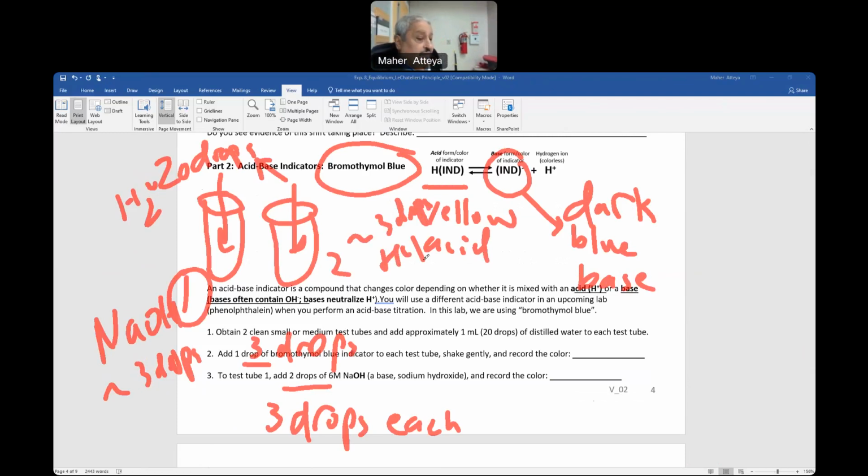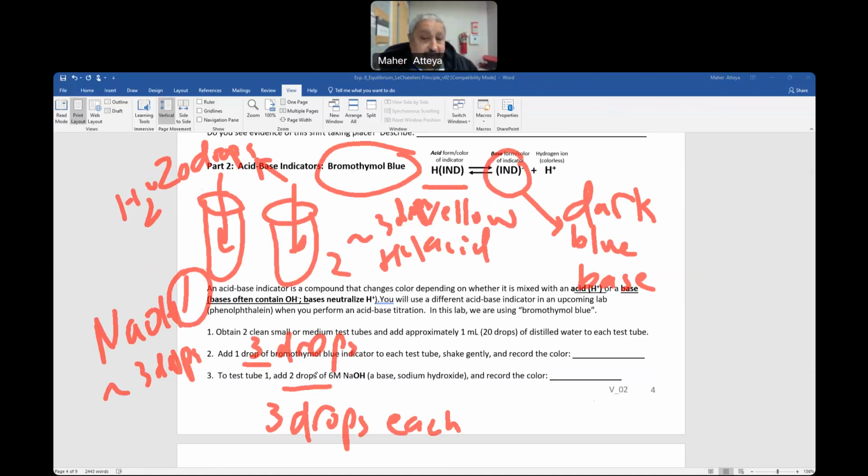What's the color here? Somebody tell me. You started with the blue color of the indicator, dark or deep blue. You add the sodium hydroxide to the first. Sodium hydroxide is a base. The second one, you added HCl. So what can you expect here?